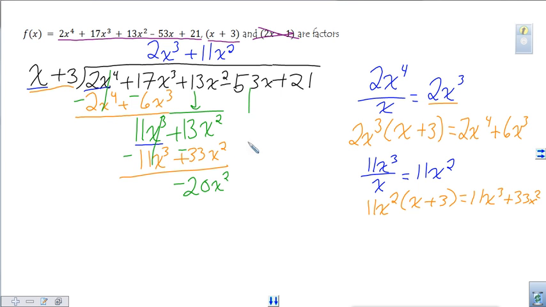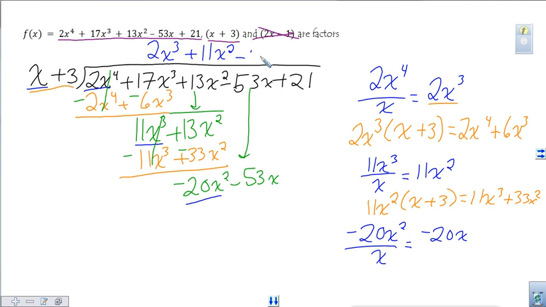Bring down this guy, minus 53x. So we've got this guy right here. Negative 20x squared divided by x gives us negative 20x. That goes up here. And then we multiply it.